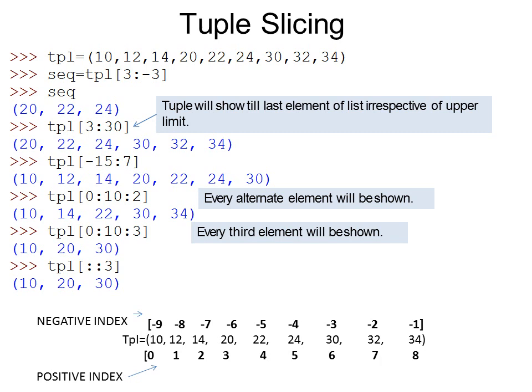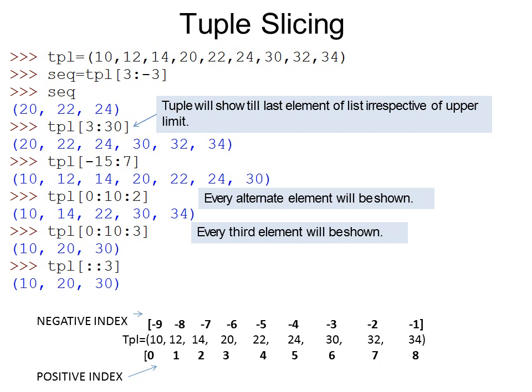Next is TPL[-15:7]. So -15 colon 7 means I will be starting from -15, but I don't have the index value -15, but I do have the index value starting from -9. So I will be starting from -9, then -8, -7, -6. I will be starting from here until what is my ending index value?